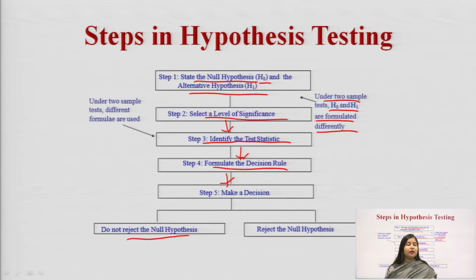We will reject the alternative hypothesis and accept the null hypothesis. So after evaluating the data, you take the decision, either you do not reject the null hypothesis, or you reject the null hypothesis. So these are your steps in hypothesis testing.